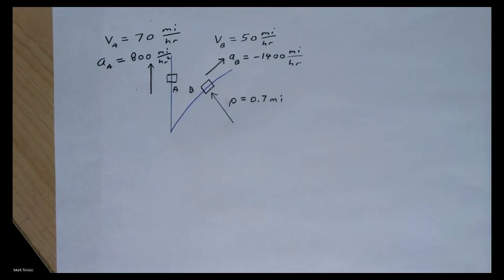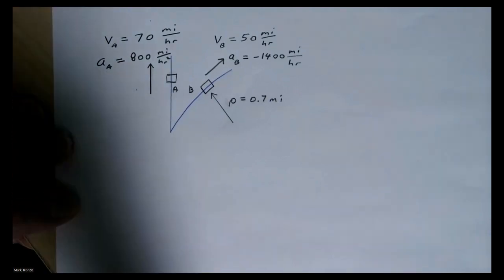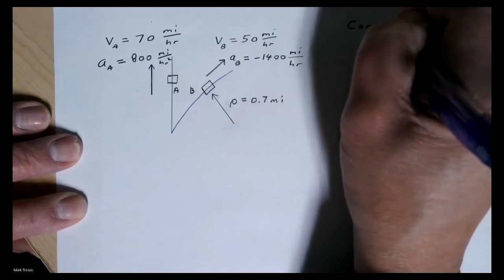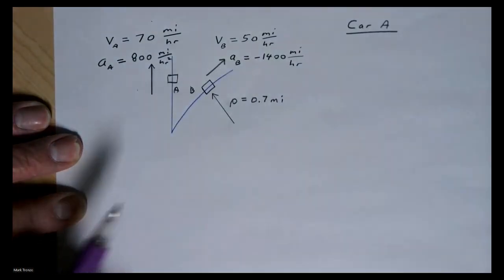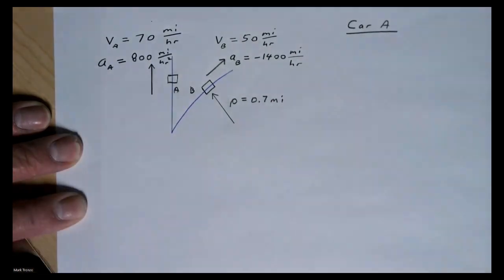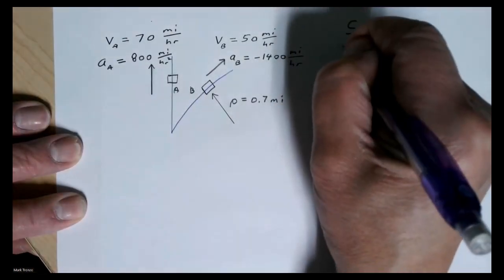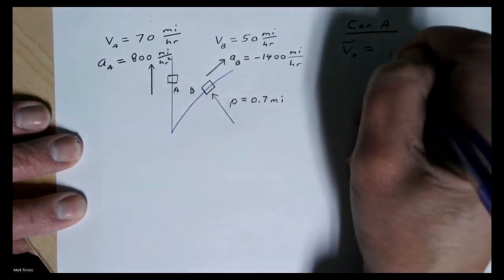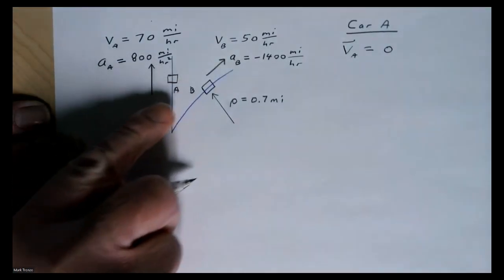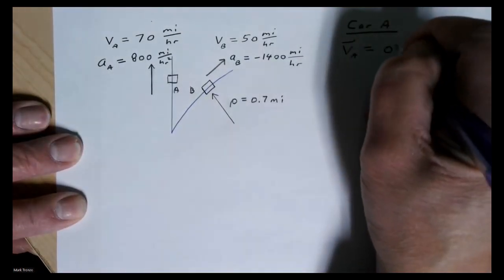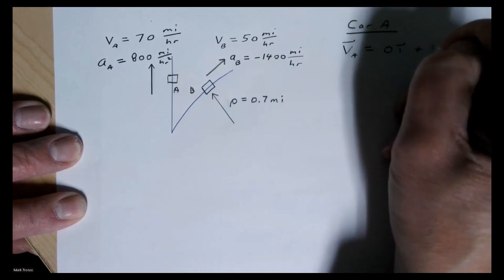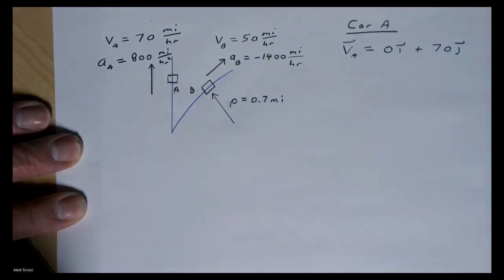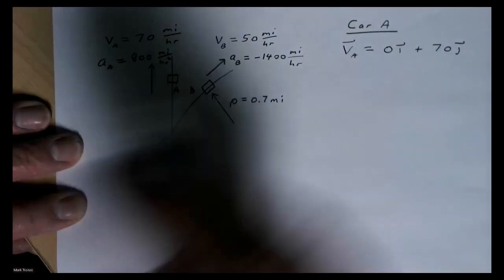And now let's start with the easy one. Let's start with car A. Let me put it over here. Car A is easy because it's just moving vertically. So the velocity of A is going to be 0 in the x direction, and 70 in the y direction because it's just going north.